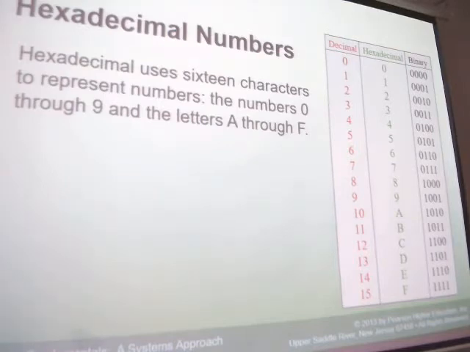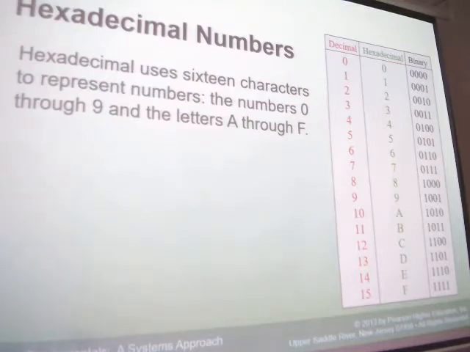So the results are 8, 4, 2, 1, 1. So if we want to represent 0, the result is 0, 0, 0.